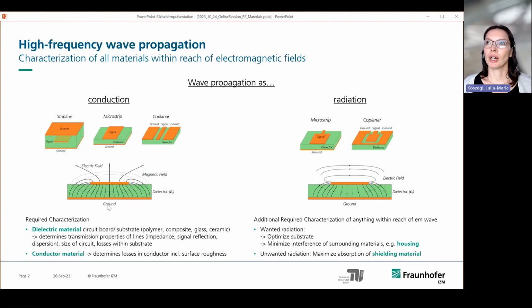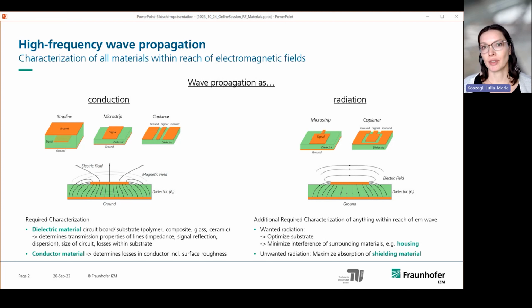So if we talk about materials for high frequencies, that means here we mainly have to investigate the dielectric substrate that can be a composite containing polymers, but also standalone polymer films, for example, glass, ceramic, you know the drill probably. Since we're a packaging institute, that also can involve underfiller materials, or anything really that is in close contact to a conductive structure that's carrying a signal.